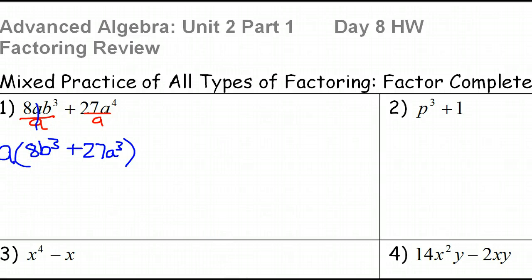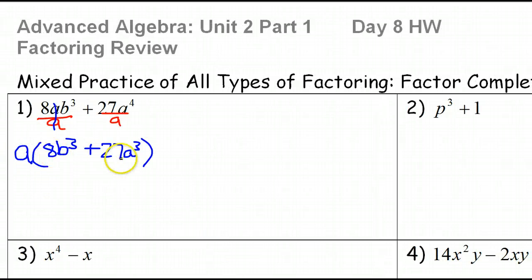And we learned that anytime you factor the sum or difference of two cubes, it is always going to factor as a binomial, a two-piece, times a trinomial, a three-piece. Now this a right here, I'm just going to bring that down. That doesn't go away.